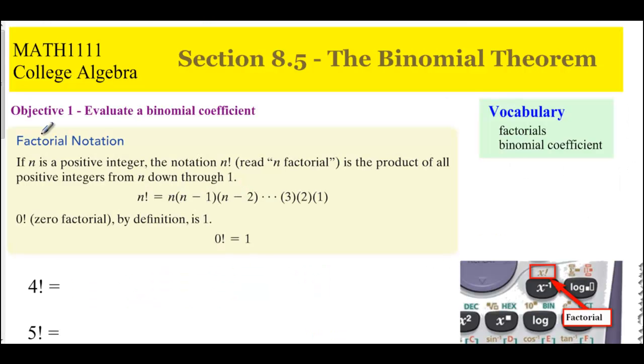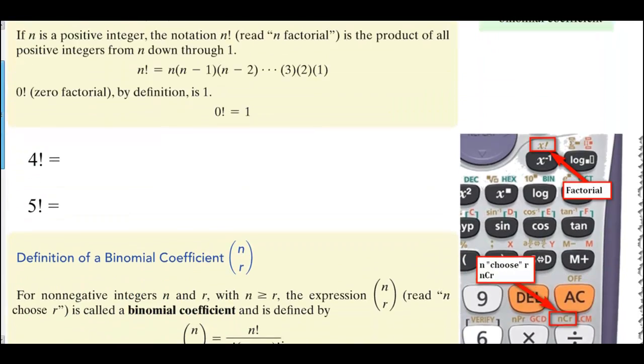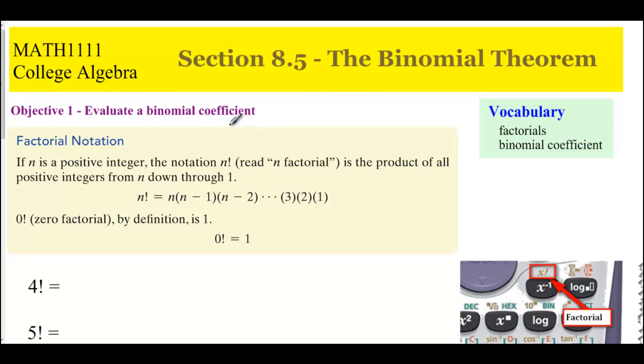So factorial notation. Factorial is just going to look like an exclamation point, exclamation mark. And all it means is you're going to multiply whatever number that is times every number below it down to 1. So if you have 3 factorial, then that means 3 times 2 times 1.